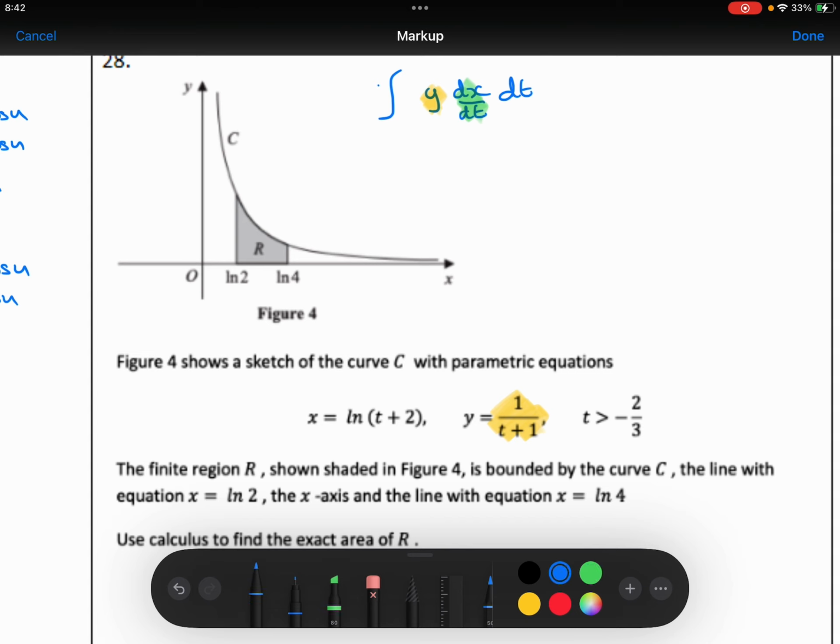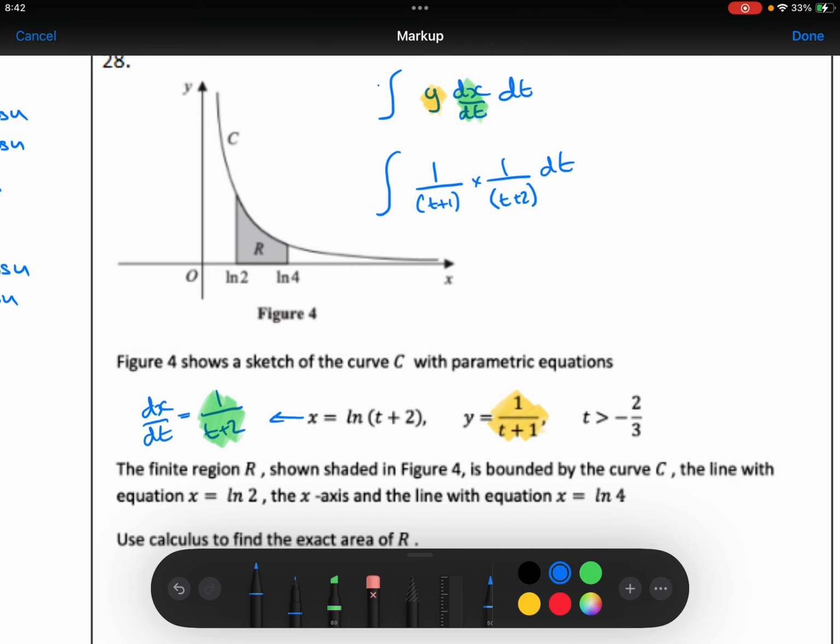So we need to take our x function here, and I'm going to differentiate that with respect to t. Differentiate the logarithm, and I get 1 over t plus 2, and the derivative of the t plus 2 is just 1. So that is just my final answer for dx by dt. So the y gets replaced with the 1 over t plus 1. The dx by dt gets replaced with the 1 over t plus 2.